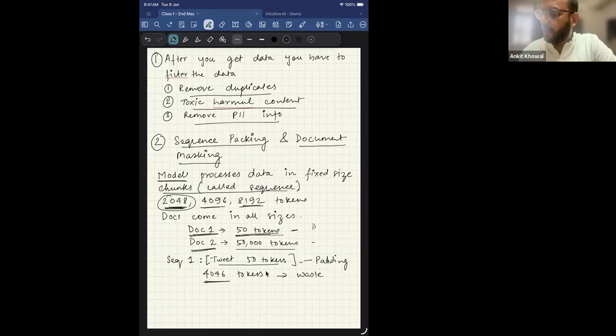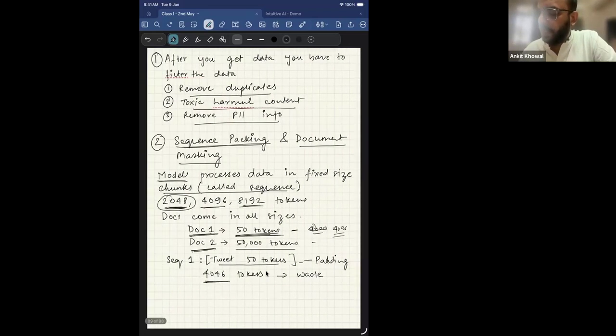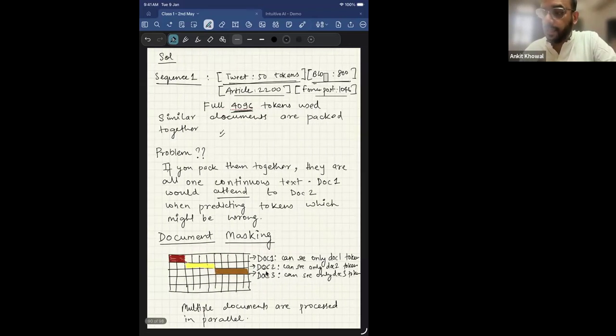Losing 400 tokens or 4000 tokens, and if you're just sending 50 tokens while the model has the capability to process 4096 tokens at once, you are losing a lot. So that is why you do all these things, like sequence packing, wherein you club all the documents together. Sequence packing is one thing that you do during the pre-training phase itself, when you're feeding the documents to the model.